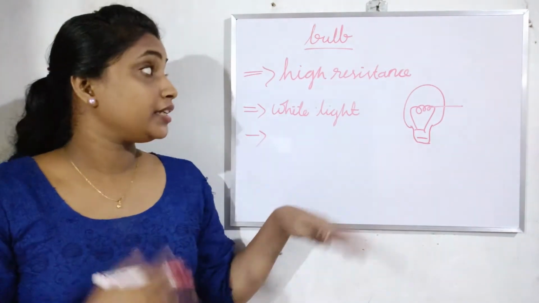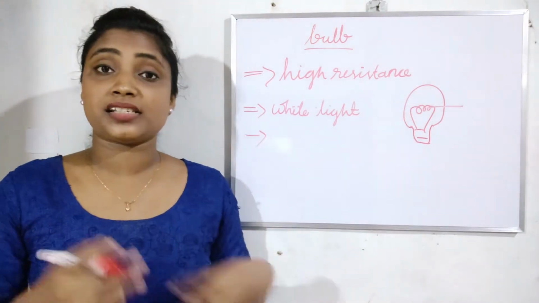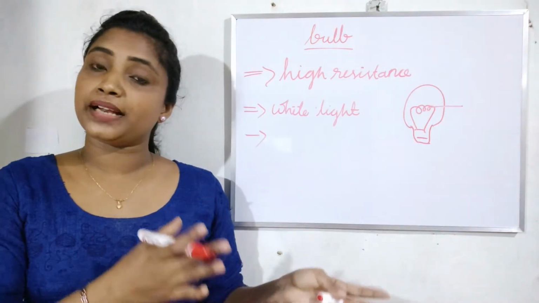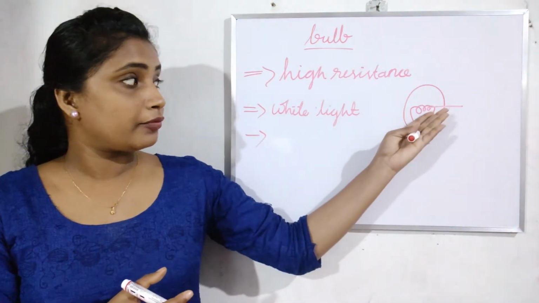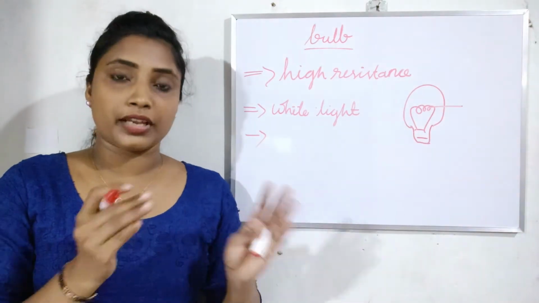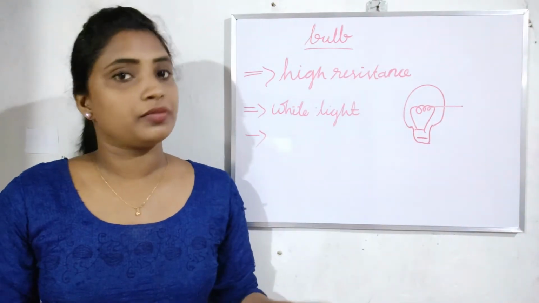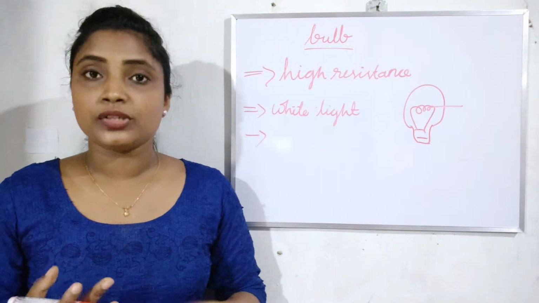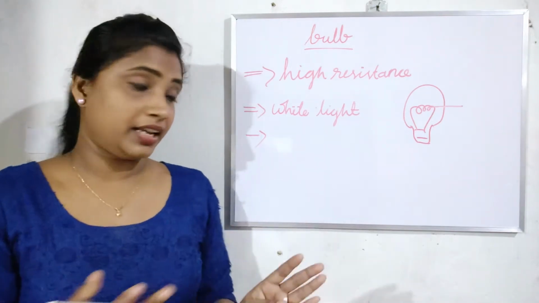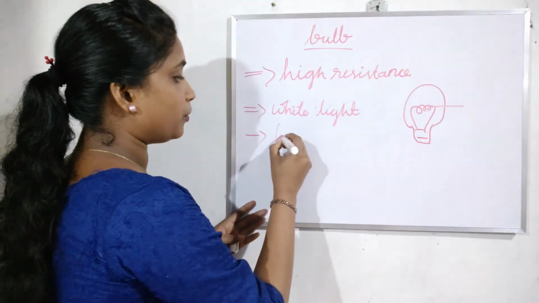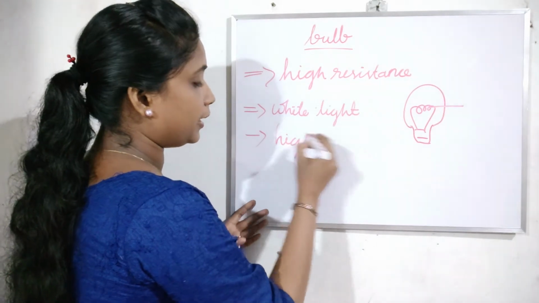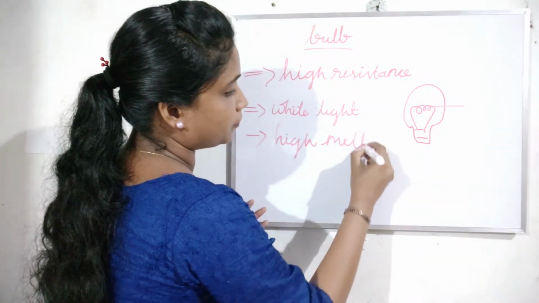That means it is heating up. Because of the high resistance, it is heating up. If the melting point of this filament of this bulb is very low, it should melt. It will not provide us white light. So the melting point should be very high.